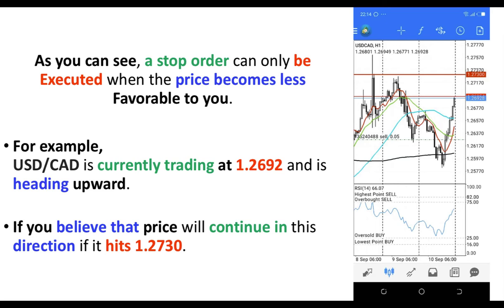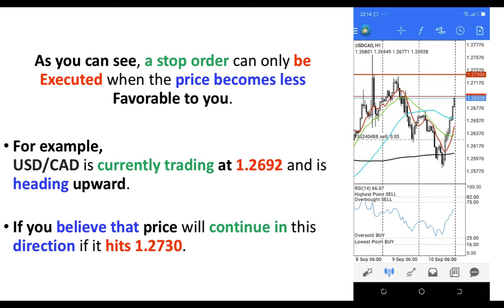You can decide to set your stop entry order if you believe that the price will continue to move in the direction to go and touch 1.2730. You can decide to set a stop entry order as buy if that is what you believe.